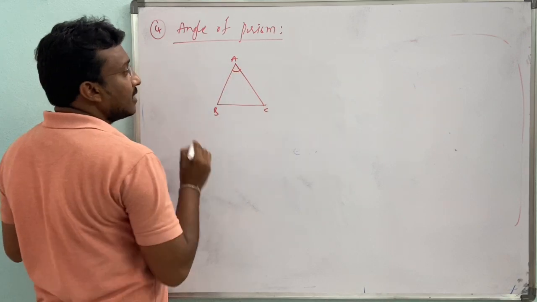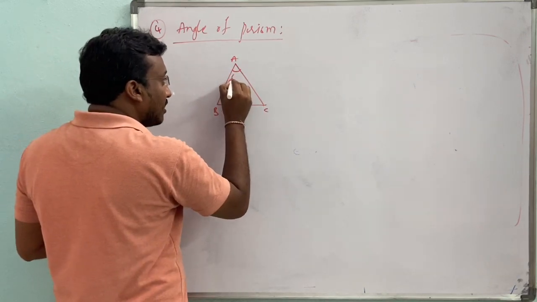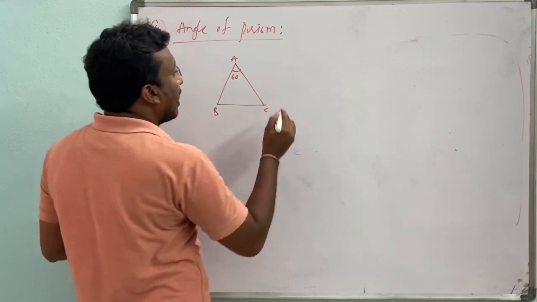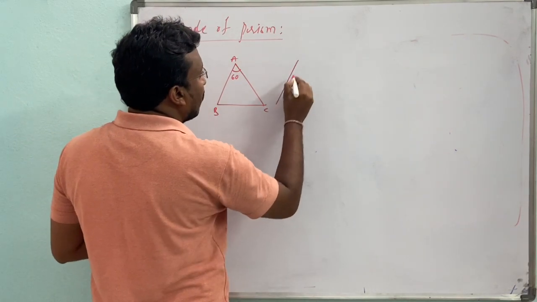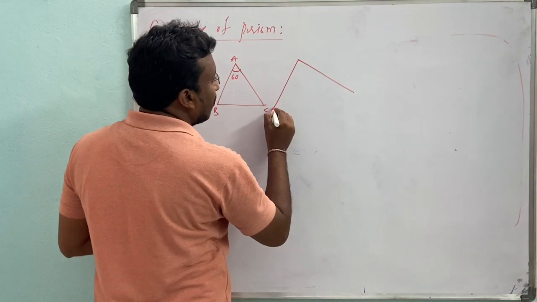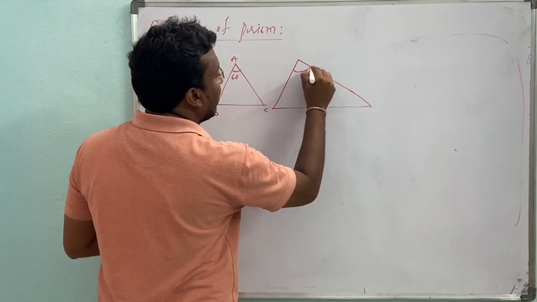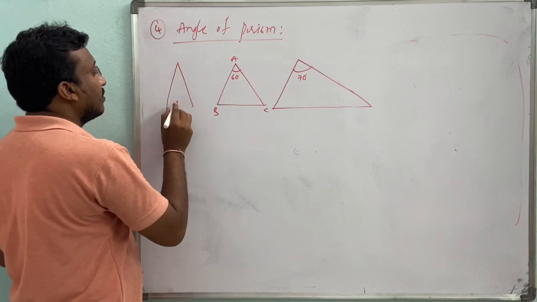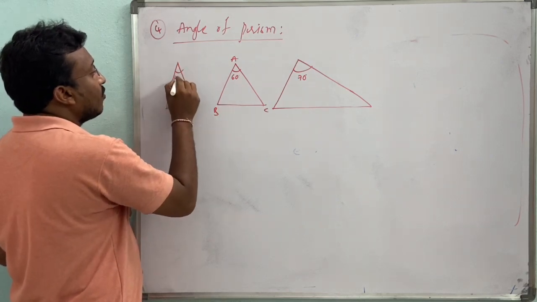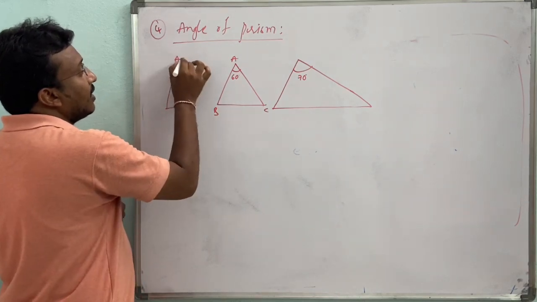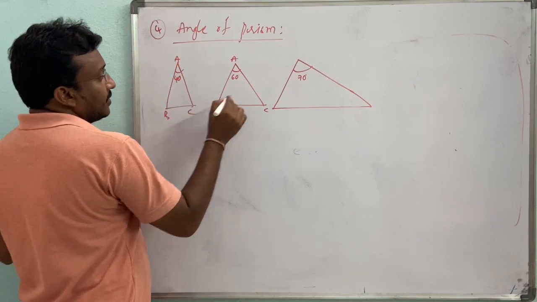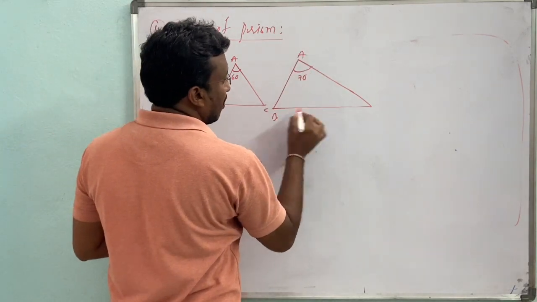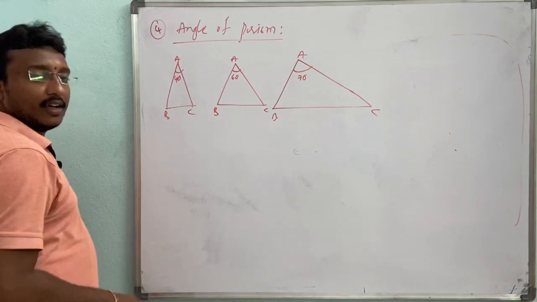Its angle is approximately 60 degrees, and I have taken one more prism with some more angle, 70 degrees, and one more prism with angle 40 degrees. Three different prisms.